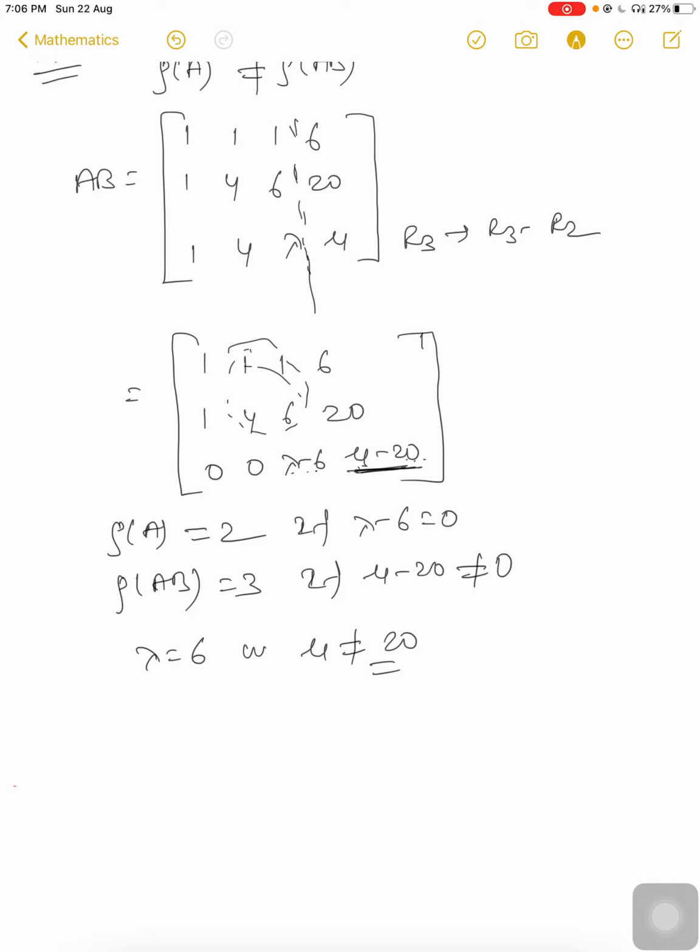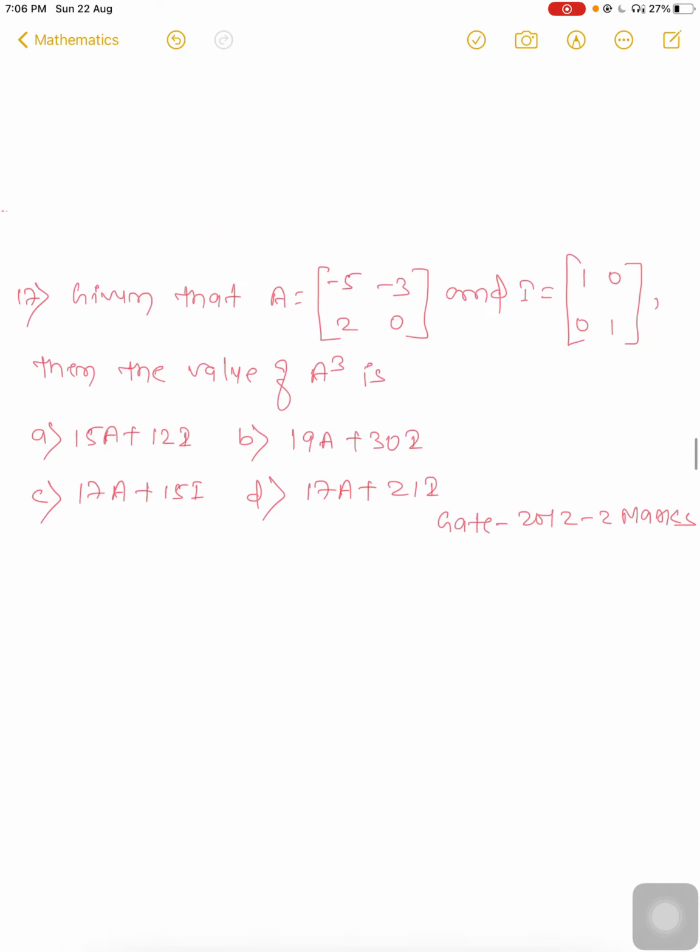When mu is not equal to 20, from the 3 by 3 matrix one possible determinant will be not 0. From here you can check that it will be not 0. Then you will get rank 3 for the AB matrix. So both ranks are not equal, and you will get no solution in that condition.